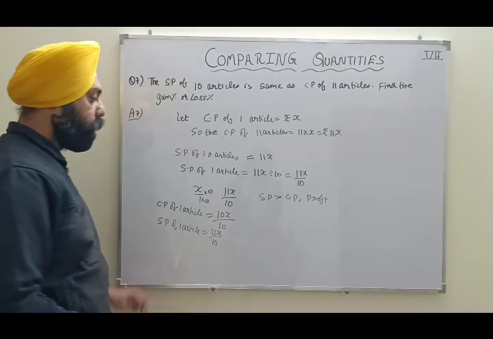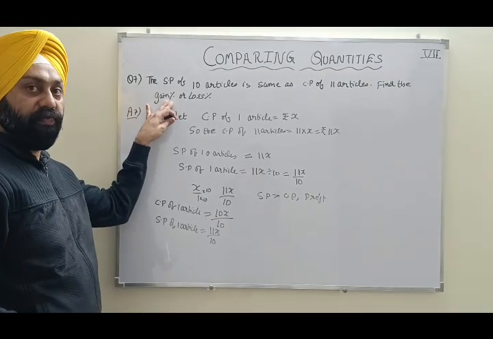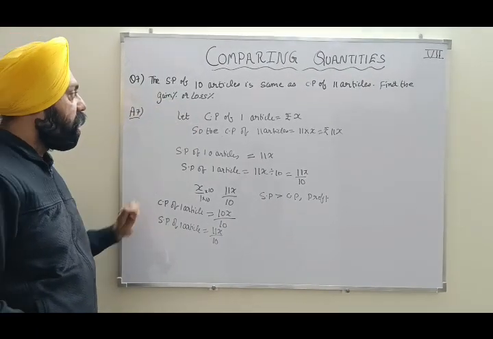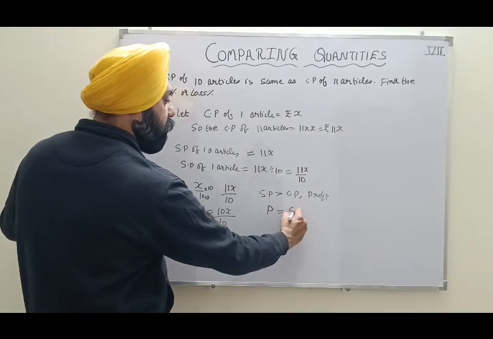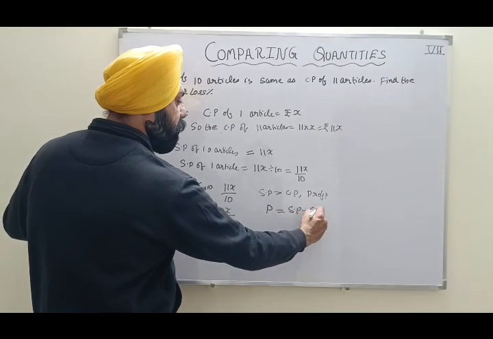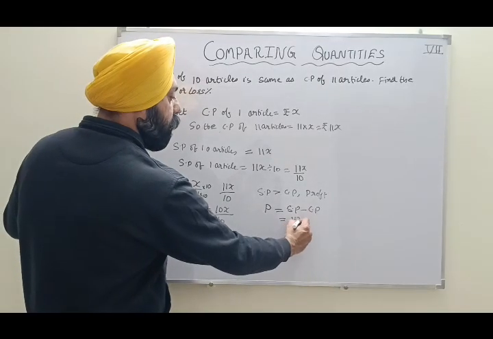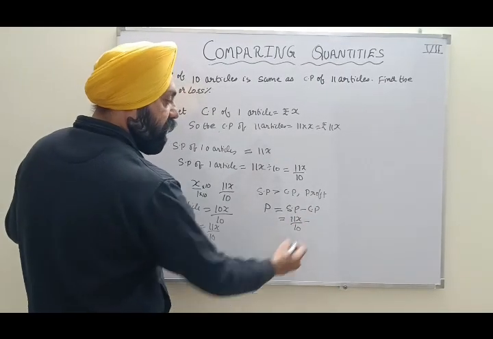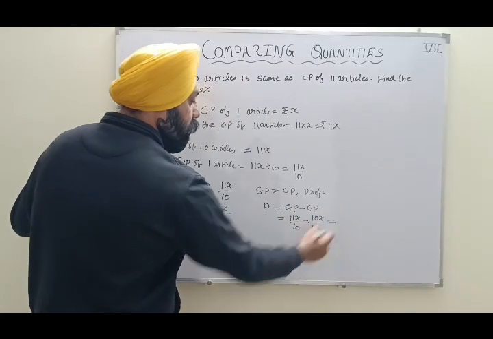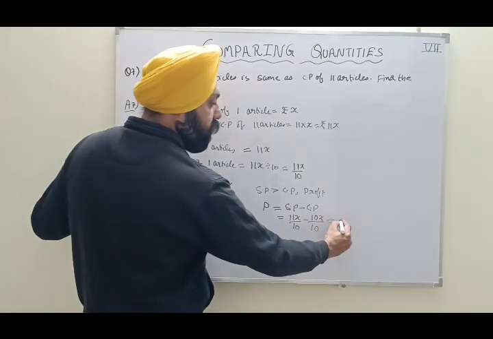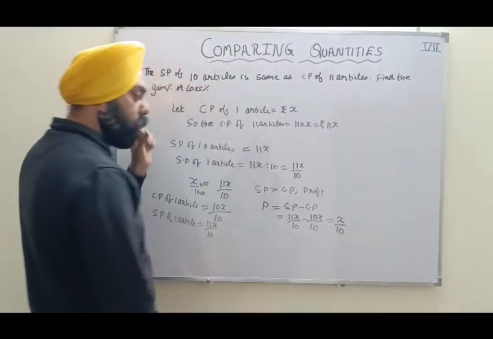Now that we have a profit, we can find the profit percent. Before that, we can find what actually is the profit. We will use the formula P is equal to SP minus CP. So SP of one article is 11X upon 10 and cost price was 10X upon 10. So the actual profit was 11 minus 10, that is 1, or 1X by 10, or X by 10 rupees.